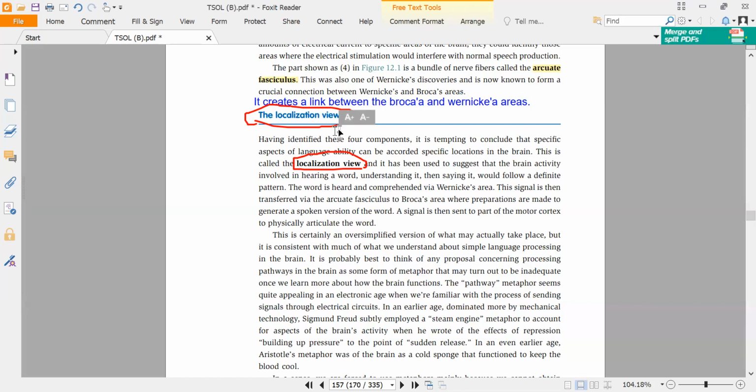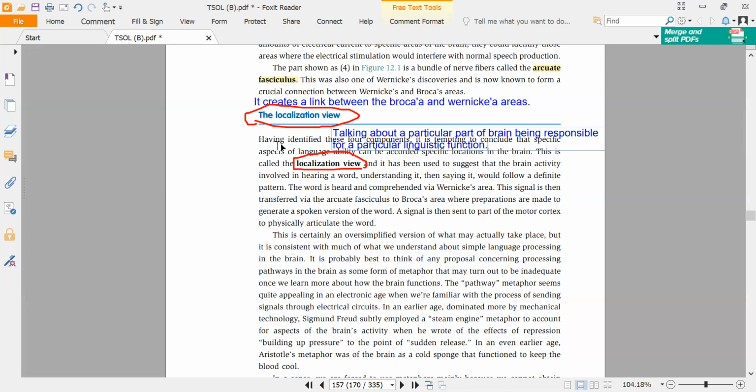Let me type it here. Talking about a particular part of the brain being responsible for a particular linguistic function.